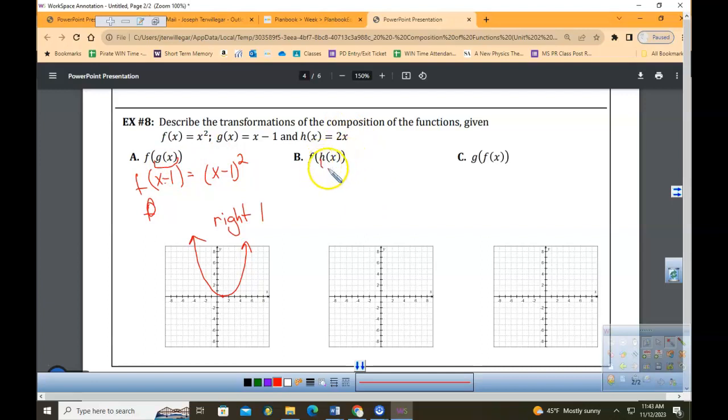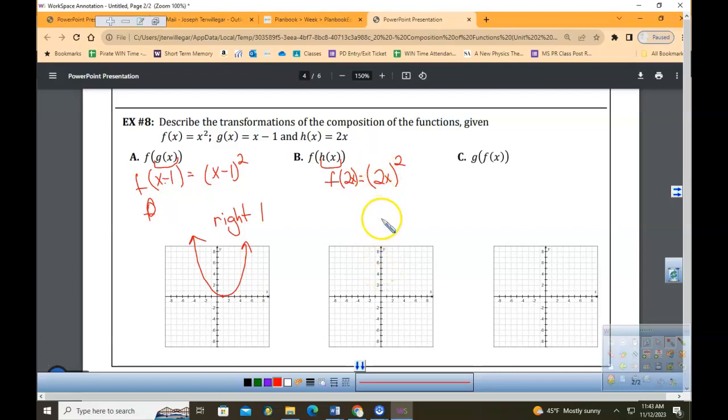So here my h of x is 2x. So I'm going to do f of 2x, which would be 2x squared, because f of x is x squared. So my 2 is in the parentheses.